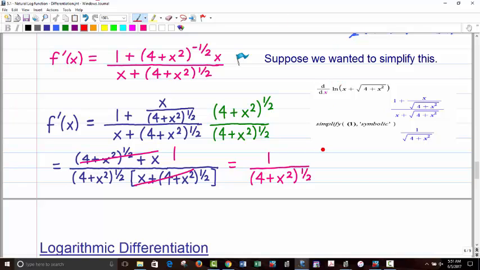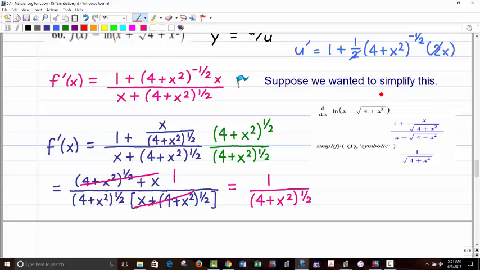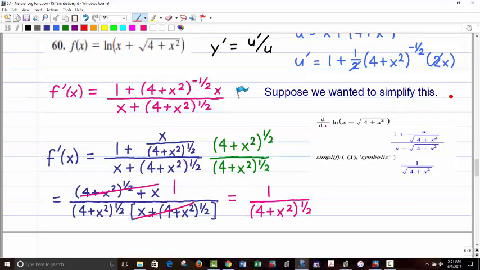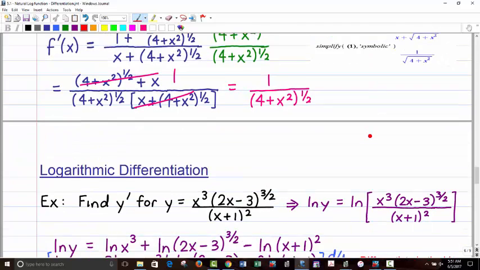The reason I did this is not for something you would have to do on an exam, but because when we start doing more challenging integration later on, for those of you taking Cal 2, we would learn how to take this function that was the answer and take the antiderivative of this back in and turn it back into that problem right there. But that's a Cal 2 exercise, so nothing you're going to have to worry about in this class. So that's the reason why I did that.